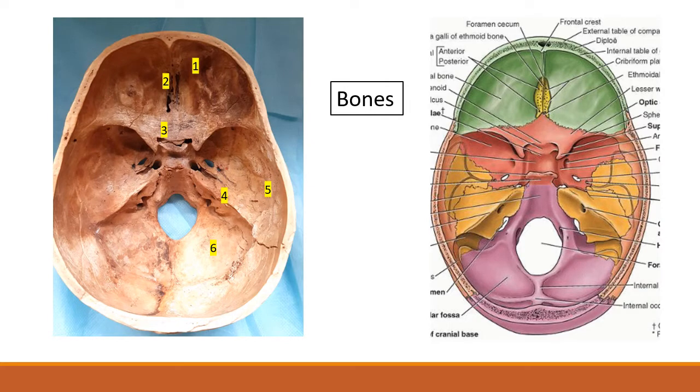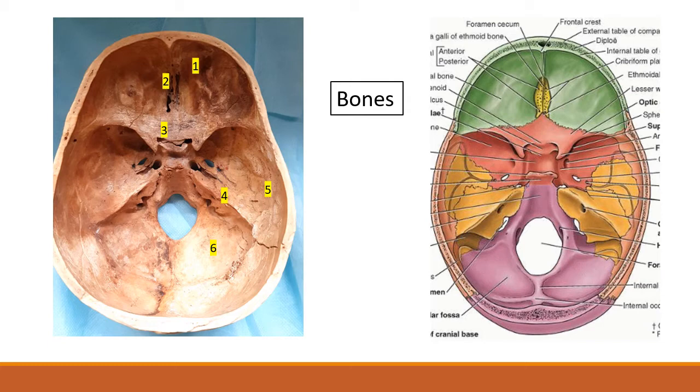Let us see the bones forming the three cranial fossae. The first, the green color, shown here by the number 1, is the frontal bone. These are the orbital plates of the frontal bones. The second one is the cribriform plate of the ethmoid. So the second bone is ethmoid. Third is the sphenoid, the lesser wing part of the sphenoid, seen here as the red color.